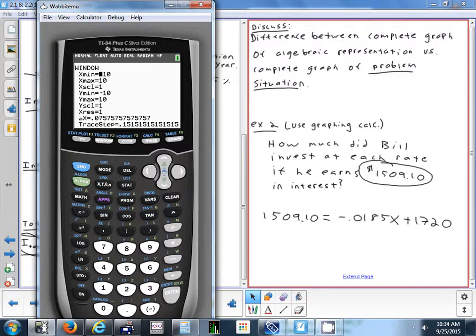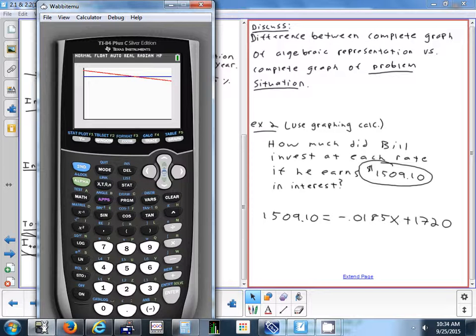And remember we talked a little about the window. We're not going to have negative money to invest. We also can't invest more than $20,000. And right away, just looking at y2, we have a y-intercept of 1720, and then the slope is negative, so it's going to head down from there. So I would set the y-max at least maybe 1800. That should give us a pretty good picture.